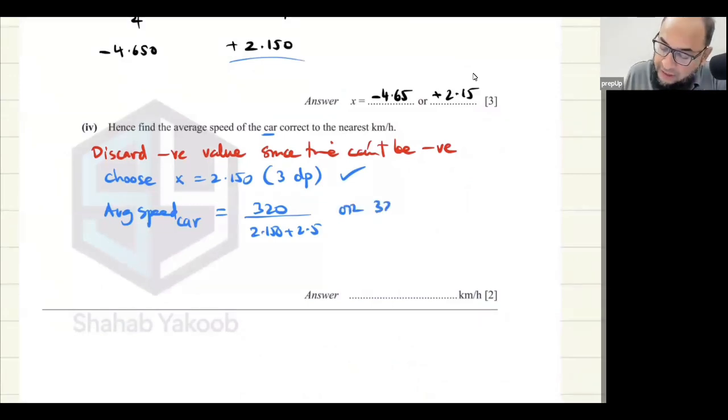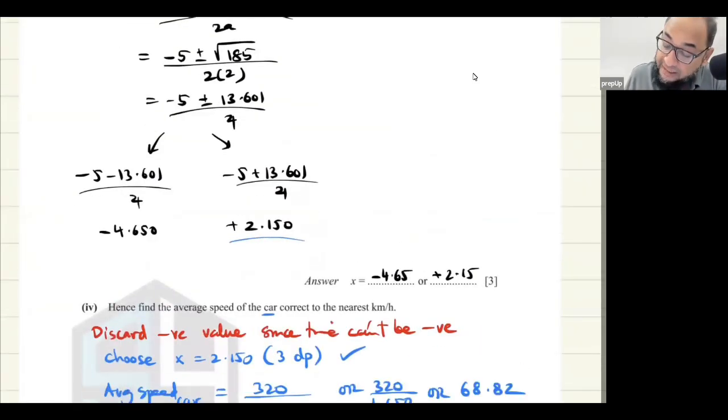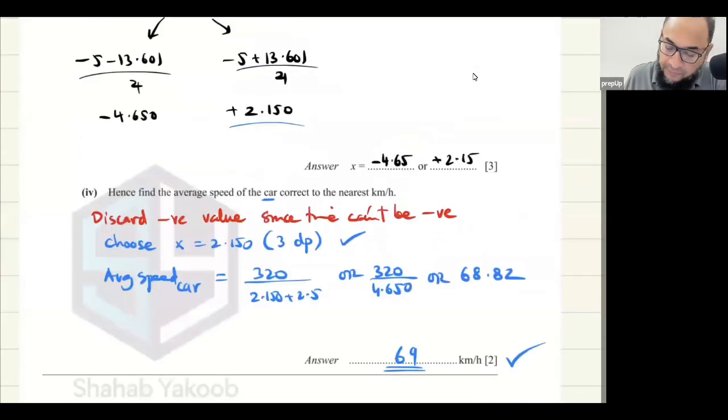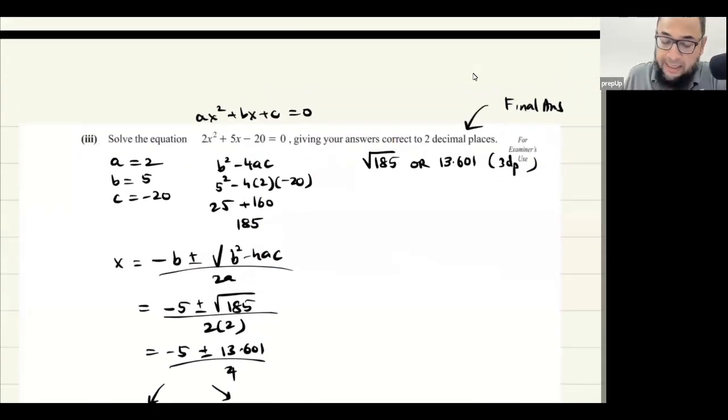This is 320 over 4.650. Let me divide. 320 divided by 4.650 comes out to be 68.82. So let me round it off, 68.8. And this is correct to the nearest kilometer per hour. So the nearest kilometer per hour is 69 kilometers per hour. That is the answer for this particular part.